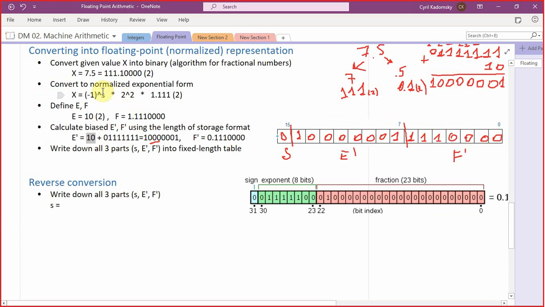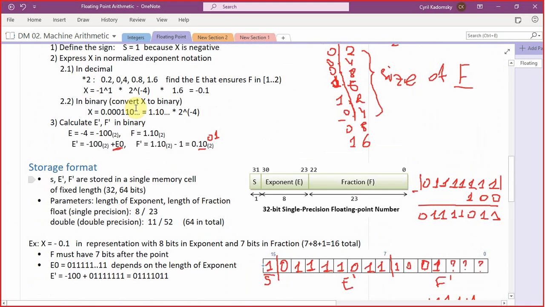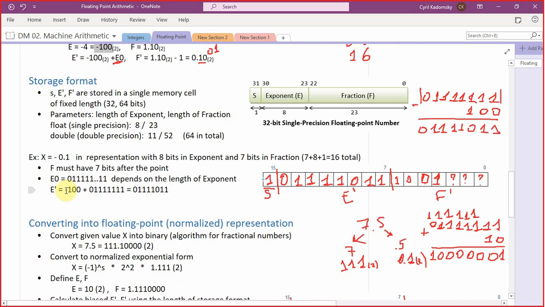Of course, this can depend. In the previous example, we had a number with a negative exponent, -4. Of course, we had 4 and minus, and we subtracted it from the bias because it was negative. And of course, the value we obtained was a lesser value for the biased exponent.